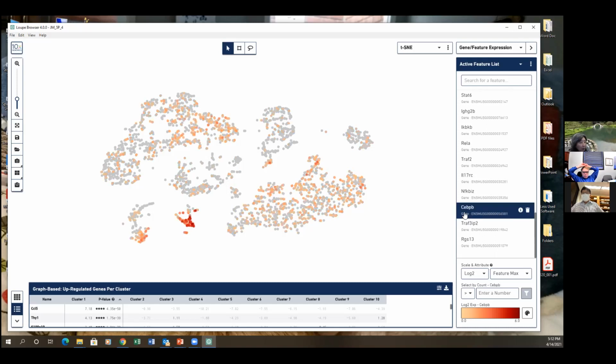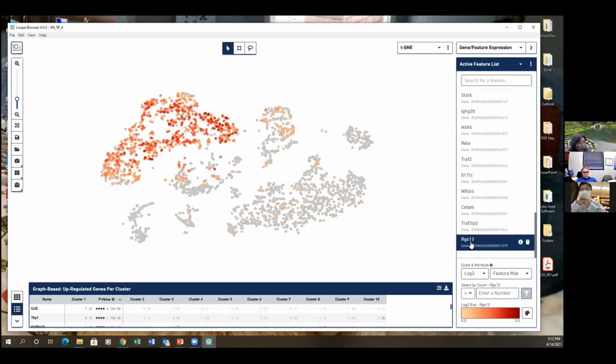CEBP, consistent with the IL-17 receptor. This is ACT1, TRAF3 interacting protein 2, consistent with the IL-17 receptor. And the next one we know is downstream of IL-17 receptor, RGS13, highest in this area, so it's consistent with IL-17 receptor.